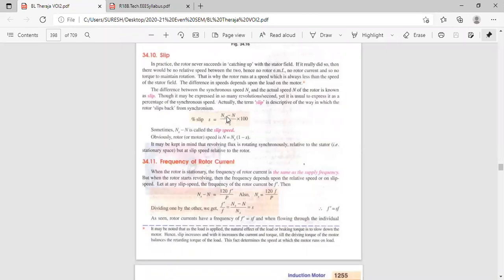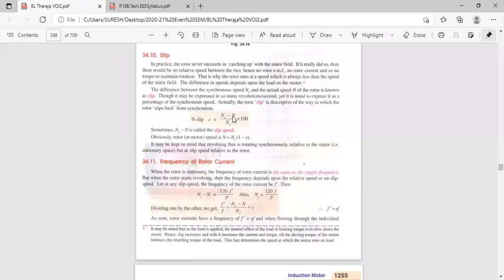Here, when the rotor is rotating, an n value will be there. Suppose the rotor is not rotating, standing still. What is the value of n? It is 0. In an induction motor, if the rotor does not rotate, n value is 0.